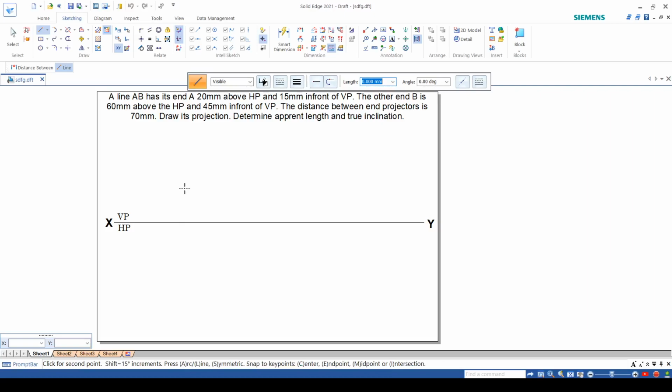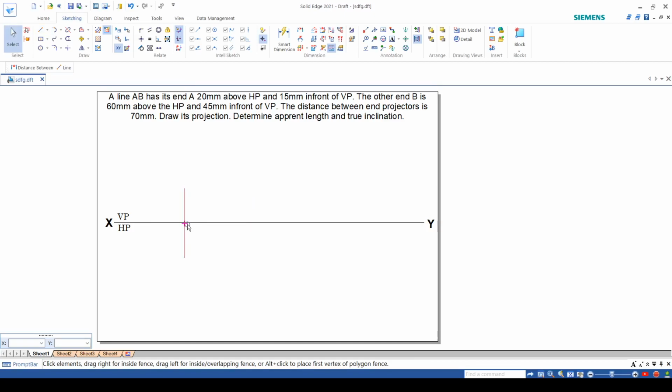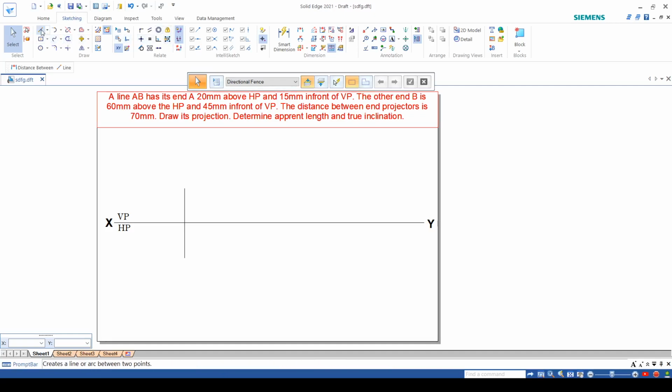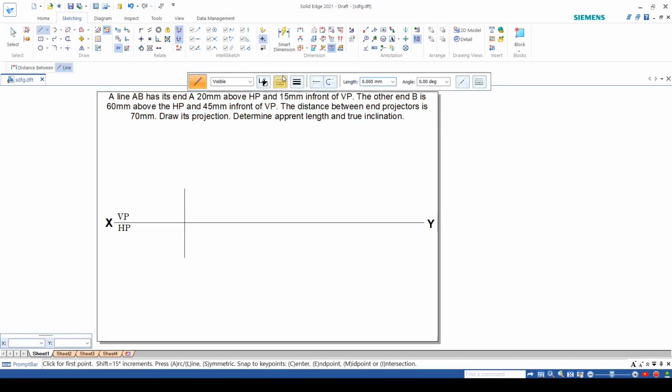Now it is 20 mm above HP, so we have to create a dotted line of 20 mm. In copy, we would measure a 20 mm distance on this line, create 90 degrees from the protractor on two sides, then draw a line.